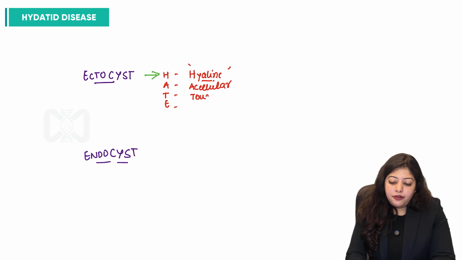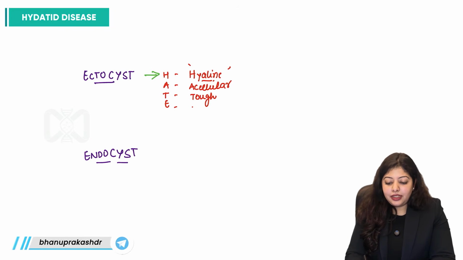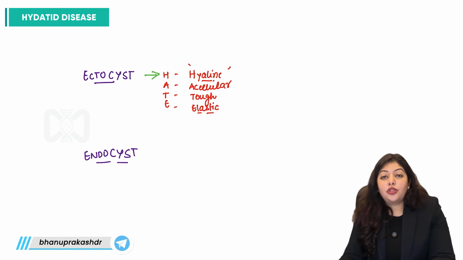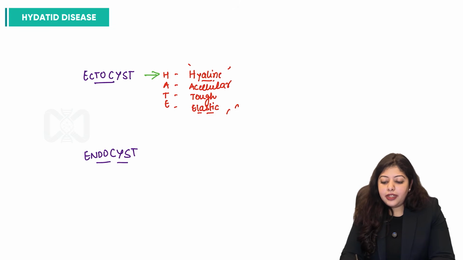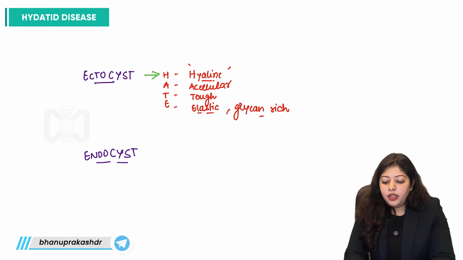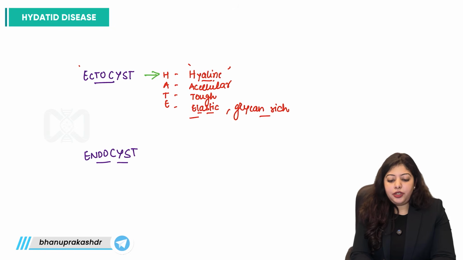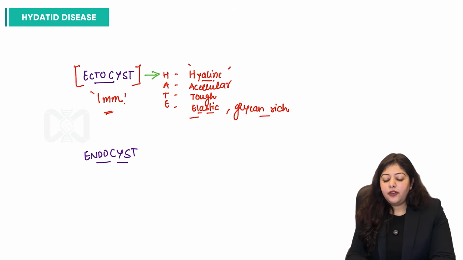These are tough yet elastic. When we touch the egg albumin of a hard-boiled egg, we know it is tough to touch, but it is also elastic, and these are also glycan rich. Now talking about the thickness of the ectocyst, it is around 1 mm. You need to remember this, right?